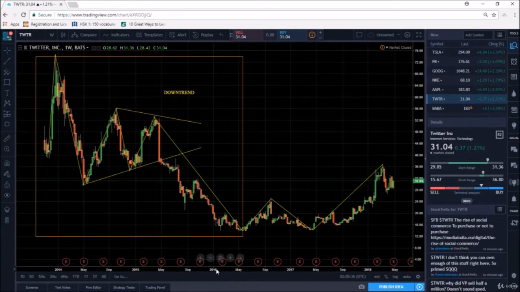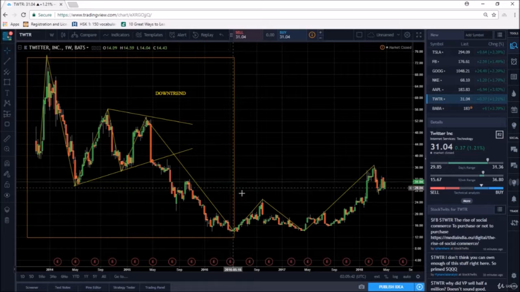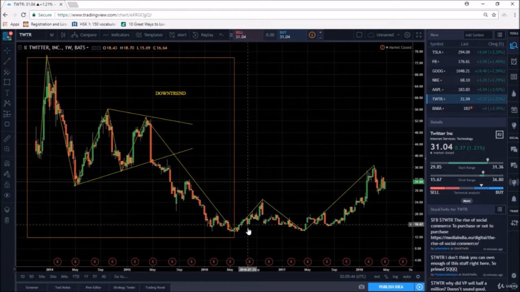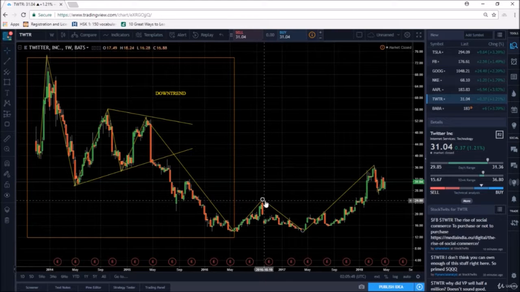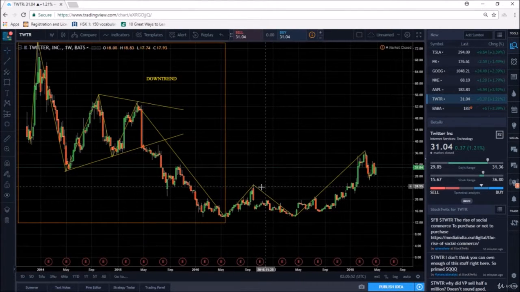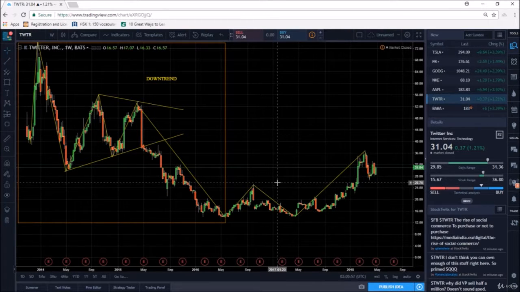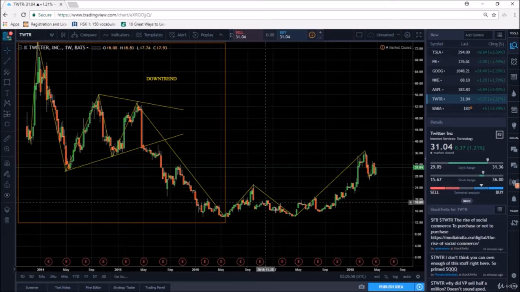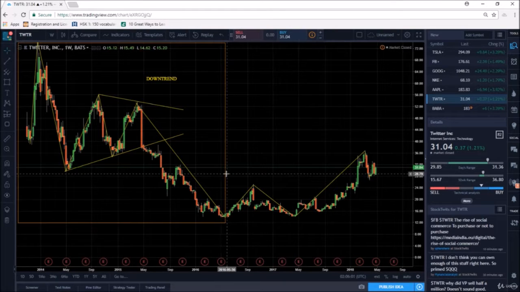This is in the middle of 2016. In the last quarter of 2016, the stock rebounded and then went downwards. It continued its movement downward, but you can notice that at this time it is not going further below than the previous low.